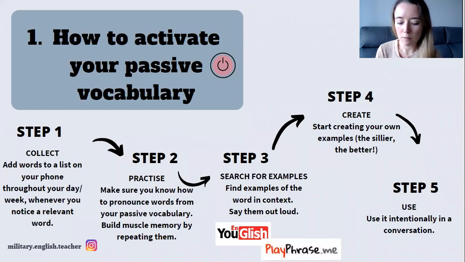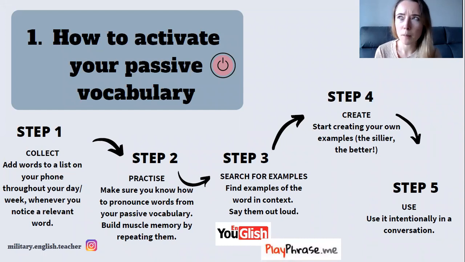So I want you to create, in the notes in your phone, a mini file where you put all of the words that you would like to move from your passive to active vocabulary. I know it sounds like a lot of work, but you're going to start somewhere. And unfortunately, you have to start word by word. So first of all, we collect all of these words.